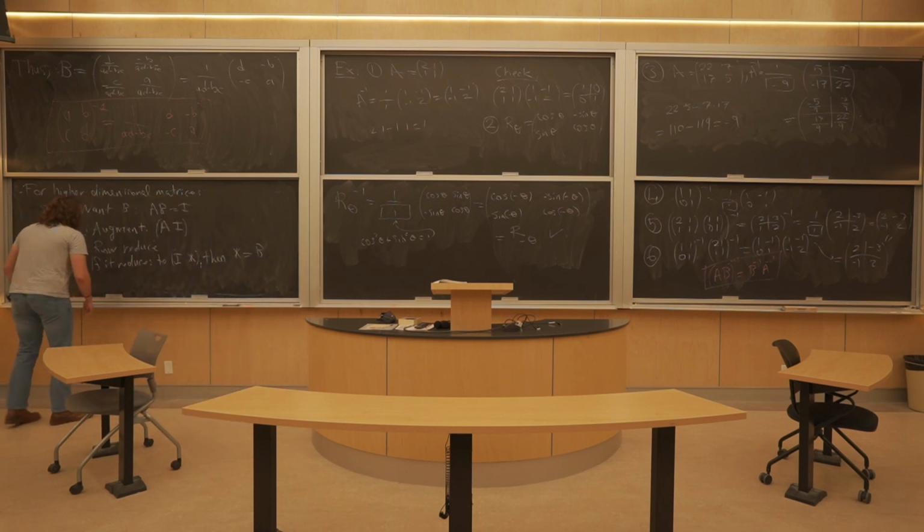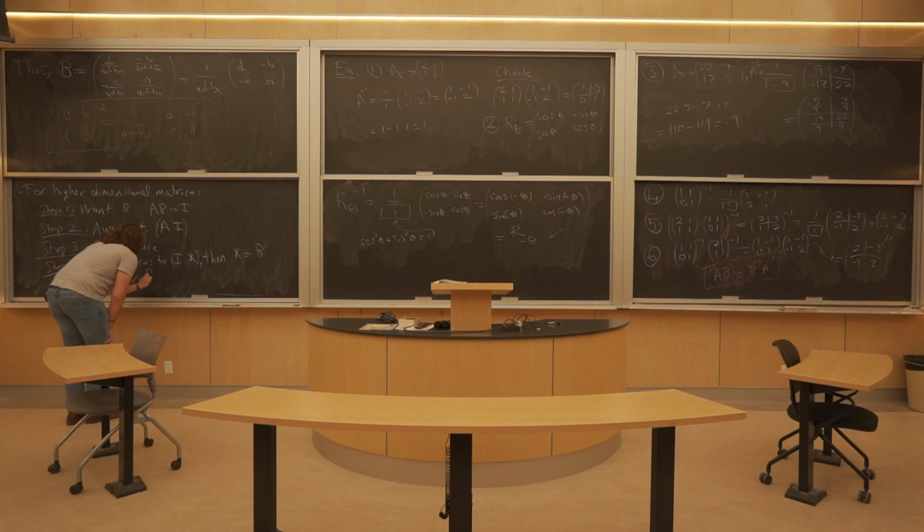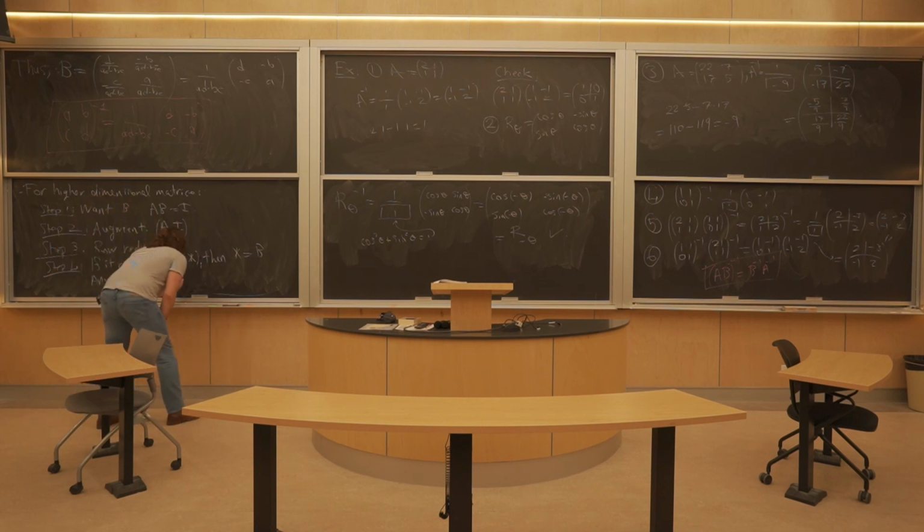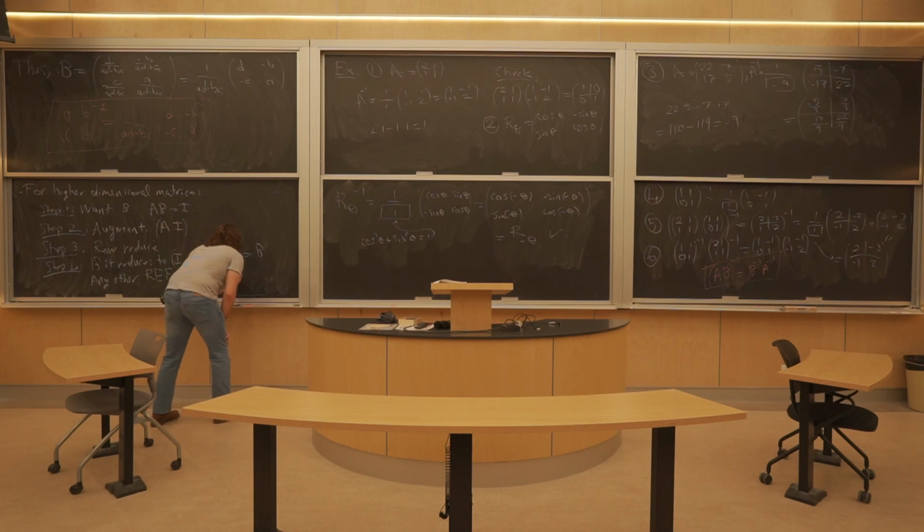If not, any other reduced echelon form, which means that I don't get identity here, I might get something here, but if I'm not getting identity here, that means that this matrix is not invertible.